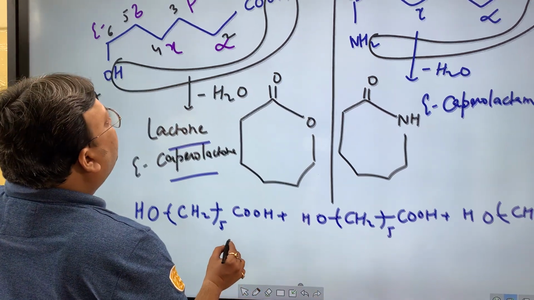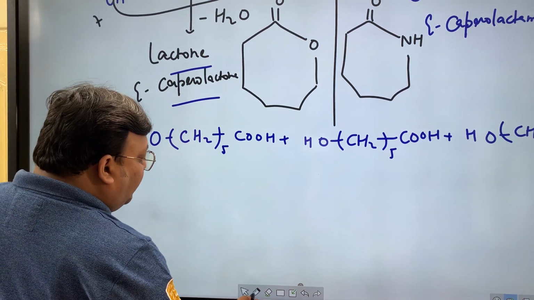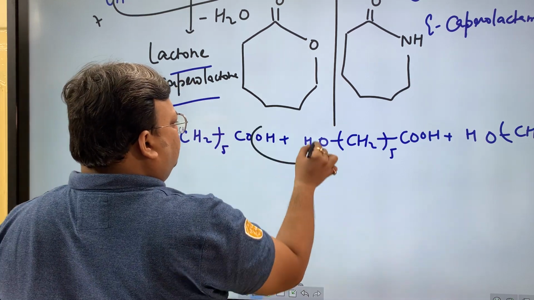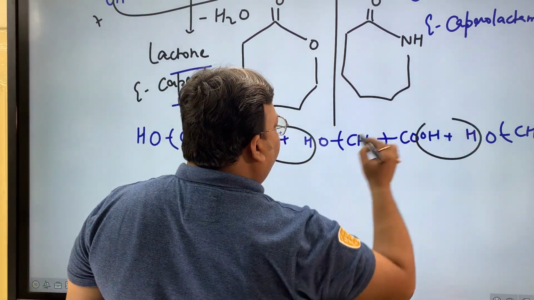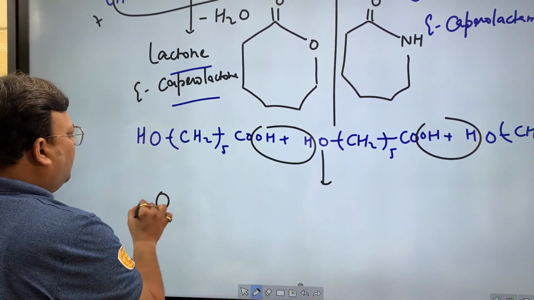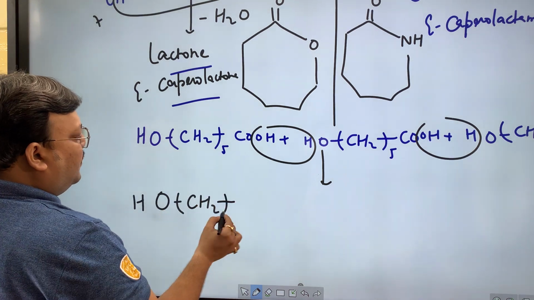And if I remove water intermolecularly, this was intramolecular, if I remove water intermolecularly, say water in this way, then water lost in this way, then several moles of water gone, this will form a polymer.